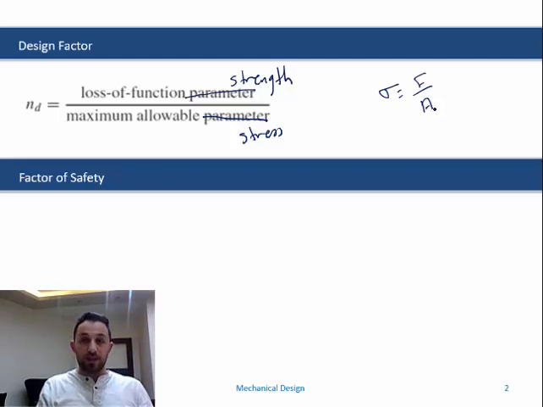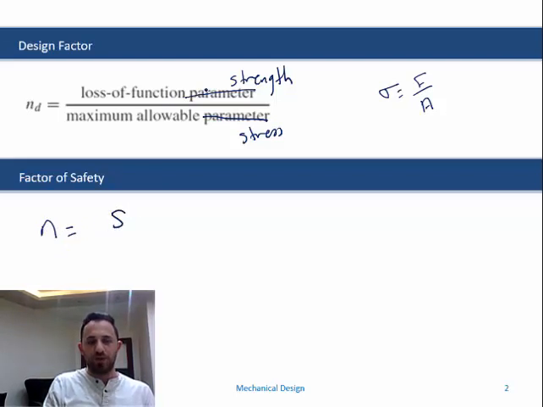You should use standard sizes, and therefore for instance the diameter will become 50 millimeter. So now you need to compute, based on the updated design, the new design factor, which is becoming the factor of safety, and we will denote it by n, and it is equal to the loss of function strength over stress.